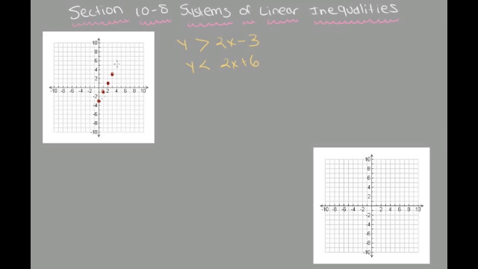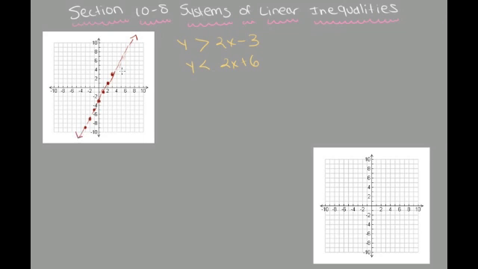So your line would be something like this. The line isn't very neat. Let me add more points. Something like that.